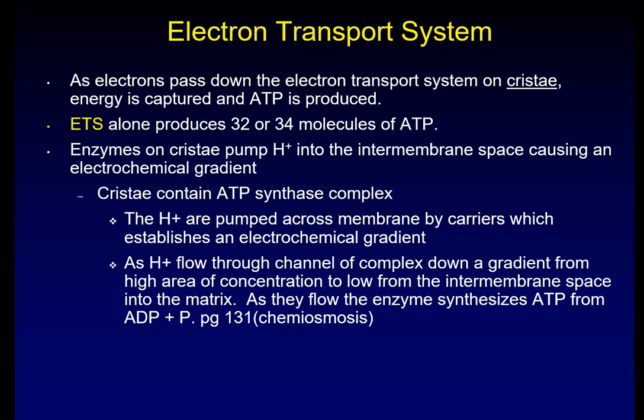And then it says, once we have a gradient established across that membrane, the ATP synthase complex will allow those hydrogen ions to flow back through that ATP synthase complex, and that kinetic flow created from them flowing from that area of high concentration, which is in the intermembrane space, back to the matrix, is going to give us energy to synthesize ADP plus P to make ATP.